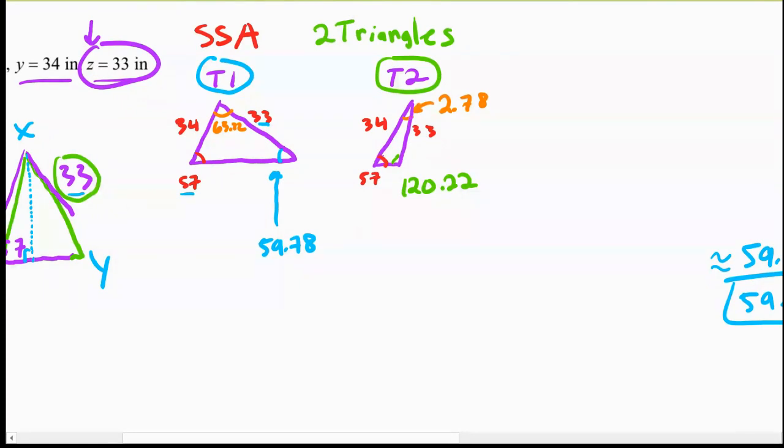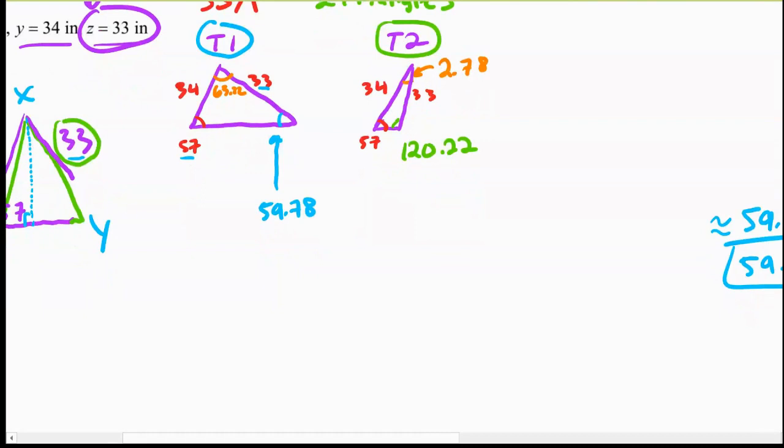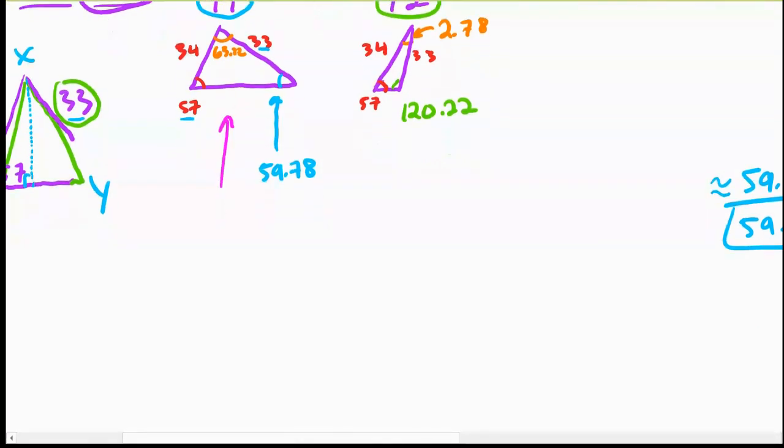Now the last thing I've got to do is find the final side length. So again, I'm going to use the law of sines. I'll do it in pink here for this one. So I'm going to do x over sine of 63.22 equals 33 over sine of 57.